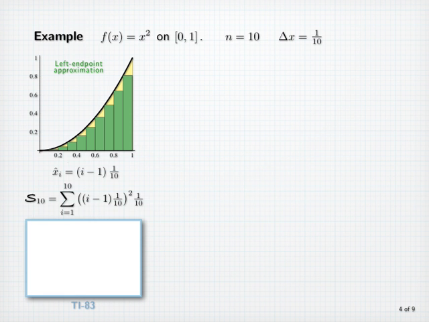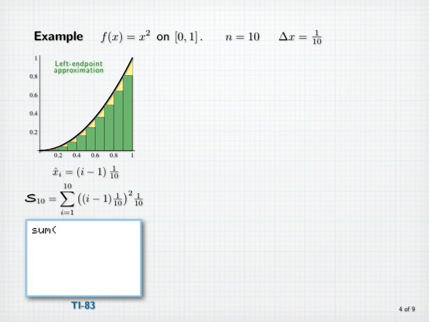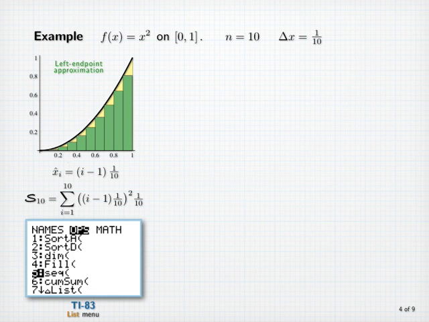Now let's indicate how this calculation can be done on a TI-83 calculator. We'll bring up the list menu and look under the submenu Math and choose the function Sum. Then we'll go back to the list menu and look under Ops and choose the function Sequence.